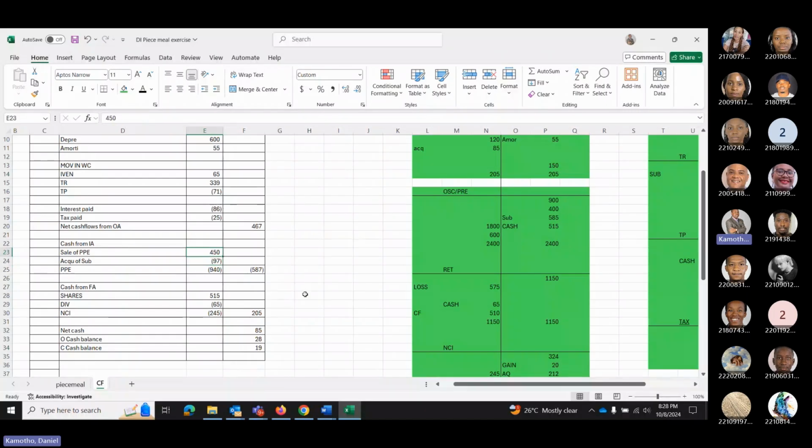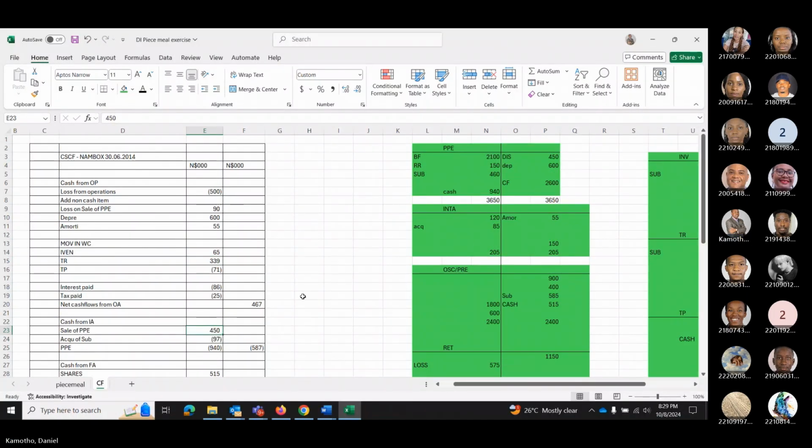Sale of PPE, I think they sold it for 400 and how much did we, the amount they received, that is where we are having proceeds. This is the carrying amount, but we needed to put the amount that they received. 585.